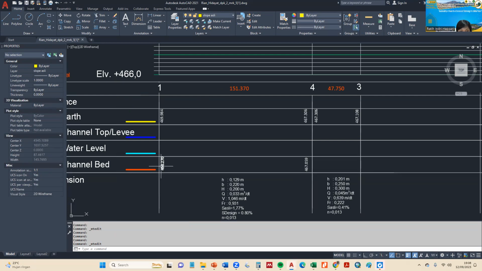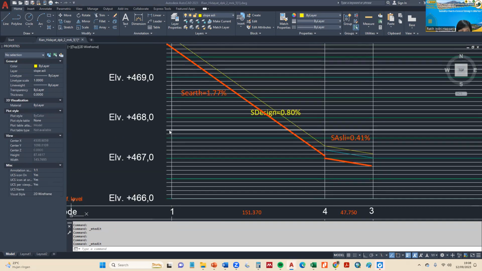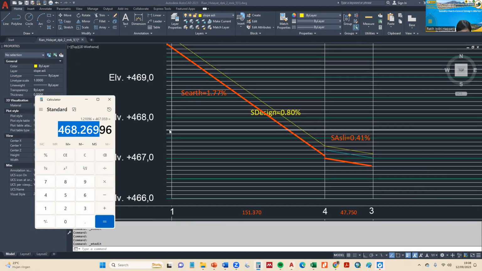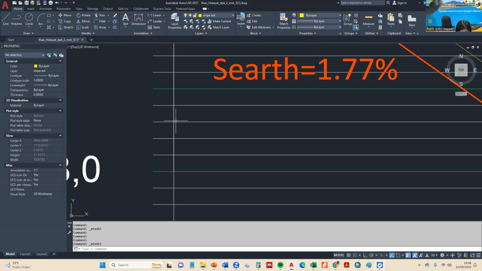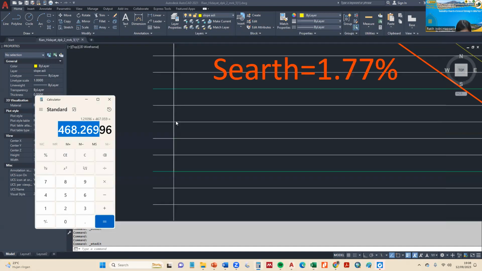Okay, so we have to find which position of this elevation. 468. So we have to offset from here up. Yes, offset 0.269 times 1000 divided by 50.